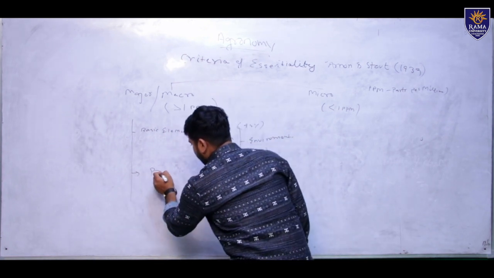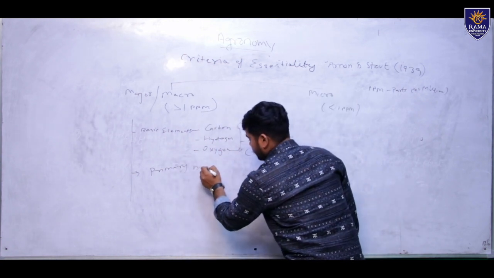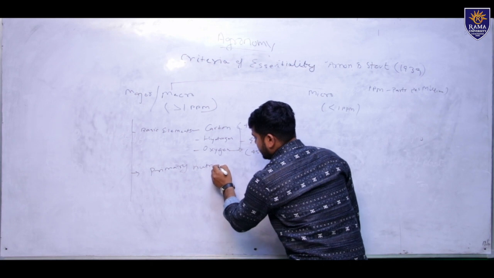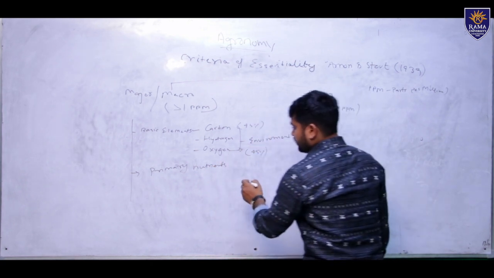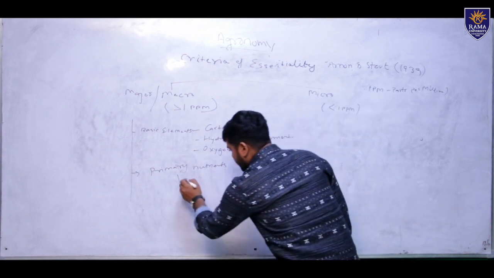Then primary nutrients are the primary essential nutrients, that is NPK: nitrogen, phosphorus, potash.